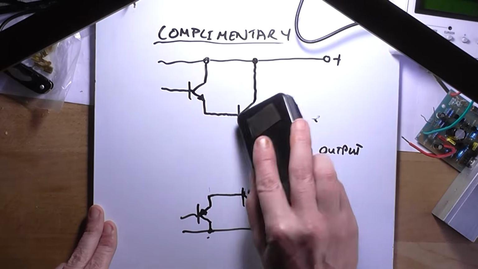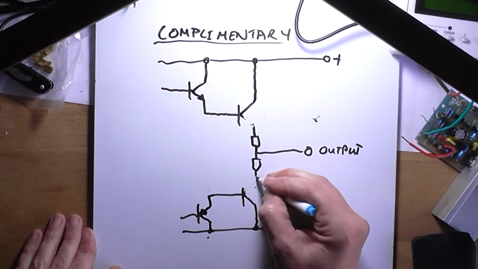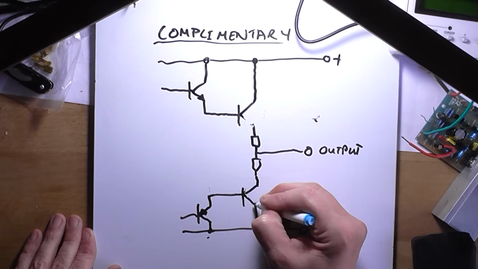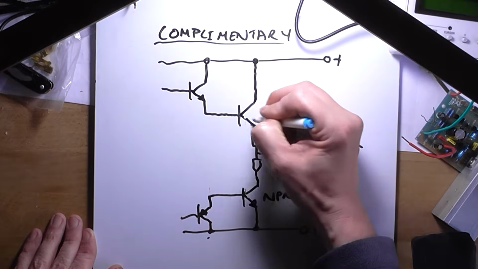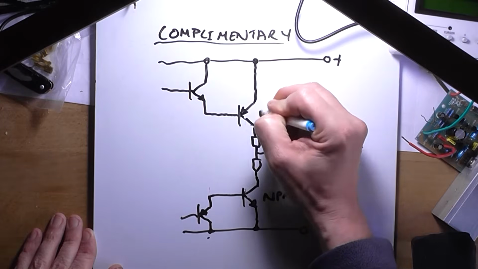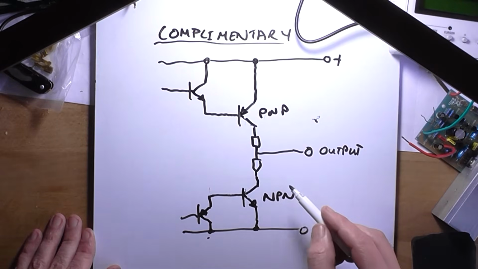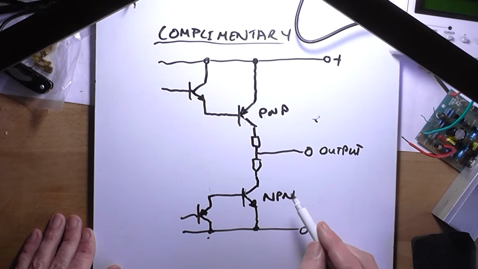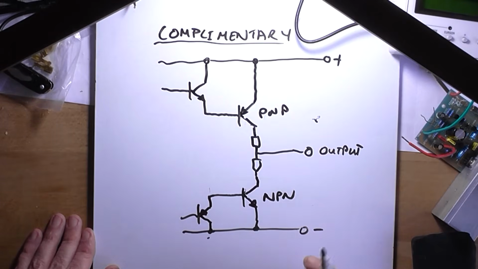If I just change the way the emitters are drawn, we would have an NPN here and a PNP here. So what we now have is known as a compound pair output stage, but the symmetry is still complementary. Now, what is the difference between the complementary output stage and the quasi-complementary output stage?